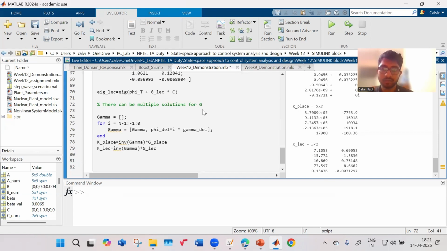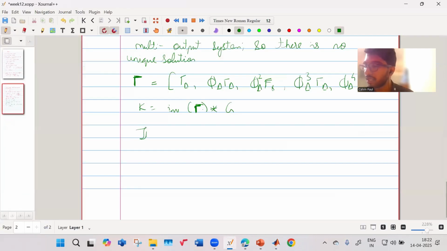So there are multiple solutions to G and K. So there is scope for optimization.